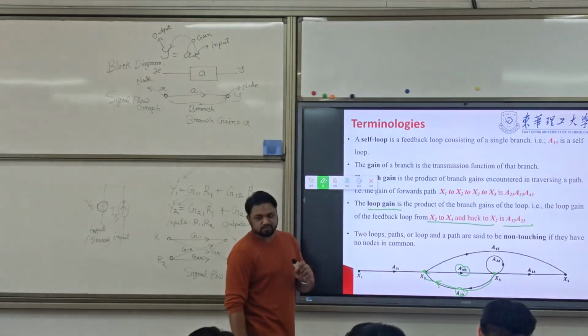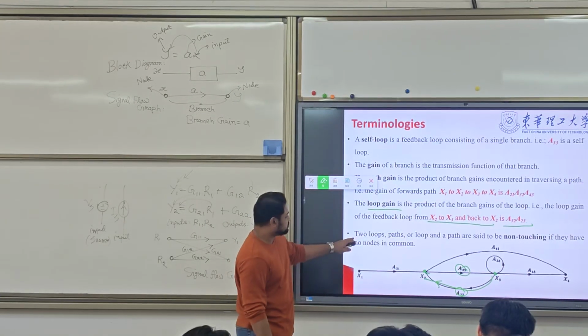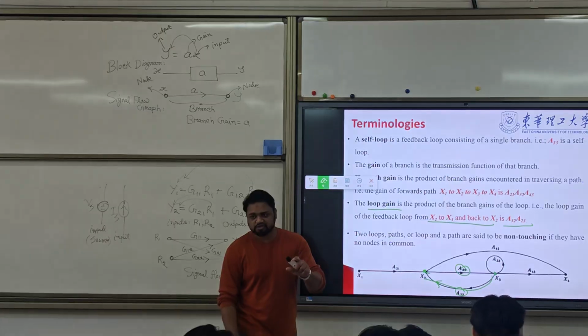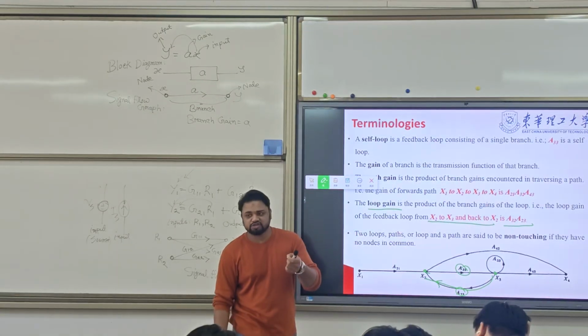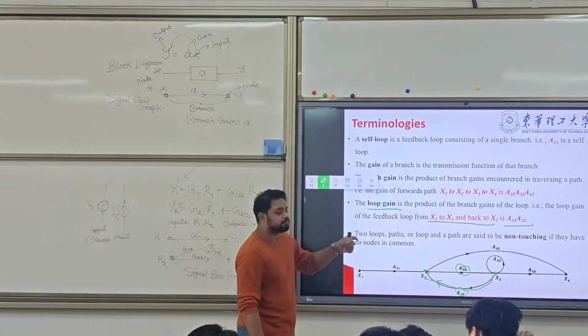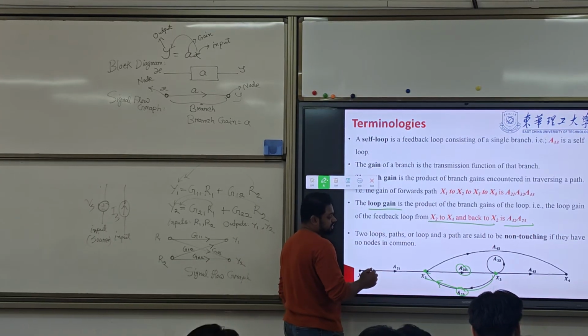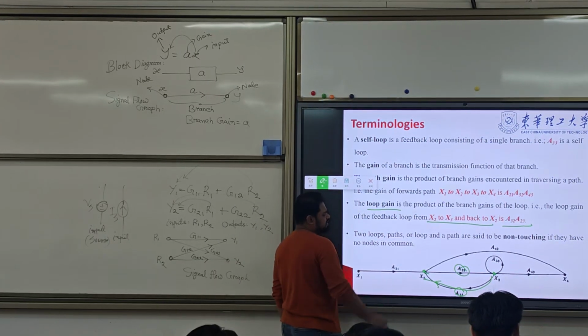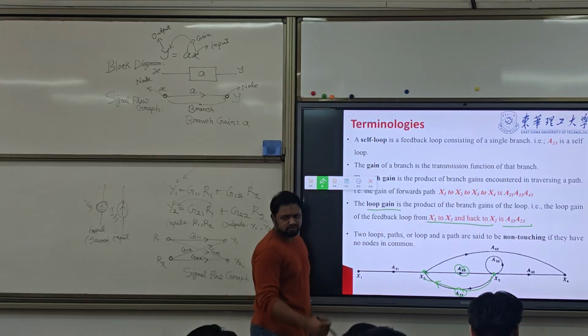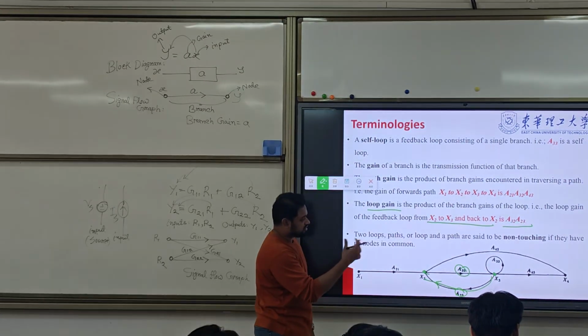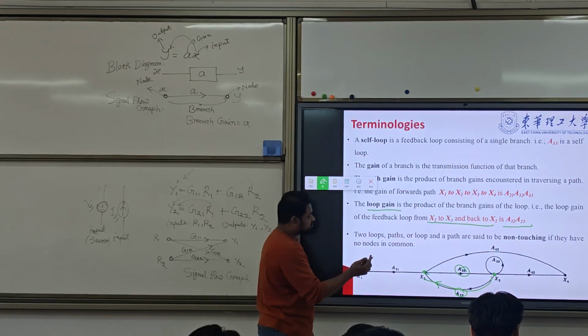Now, there is one statement you need to understand: two loops or paths are said to be non-touching if there are no common nodes. Look at this, here we have only one loop, so we cannot say there is a non-touching loop.